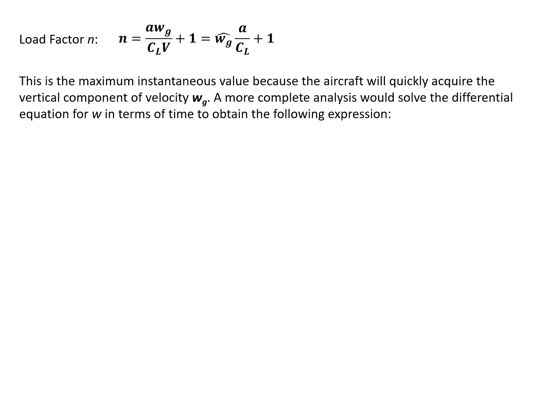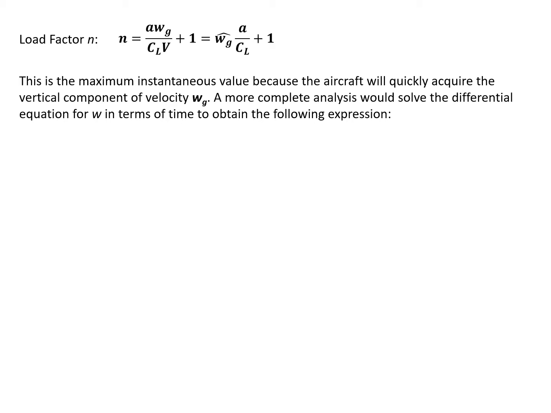We would say this is the maximum instantaneous value, because the aircraft will quickly acquire the vertical component of velocity Wg, because it's a sharp-edged disturbance under the assumption at the beginning, because it's easier to process.